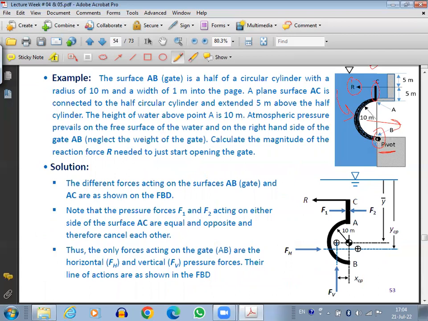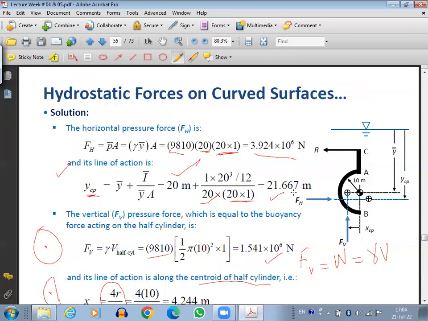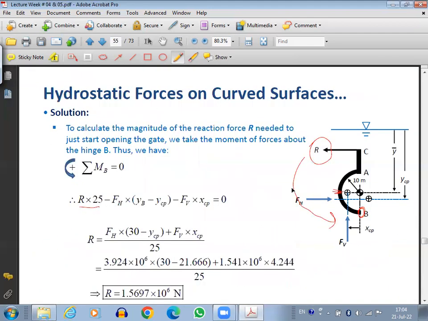So 30 is from the top of the surface to the pivot point. YCP from the top comes out to be 21.667, so it will be 30 minus 21.667. Why? Because we need to find this distance, the distance at which the horizontal force acts from the pivot.